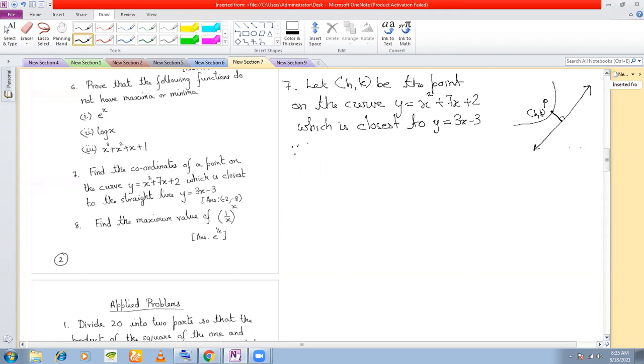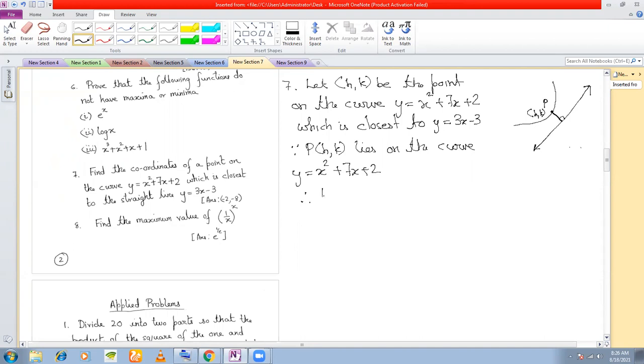So since P(h, k) lies on the curve y is equal to x square plus 7x plus 2, therefore this must satisfy this equation.